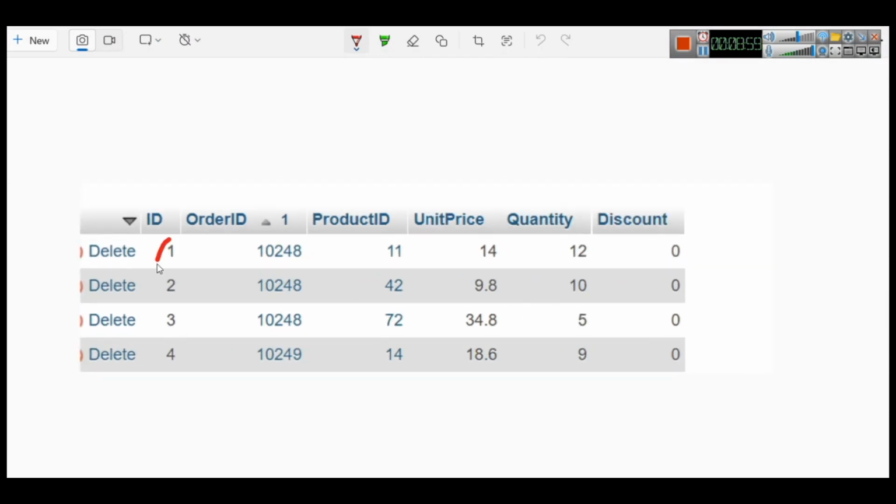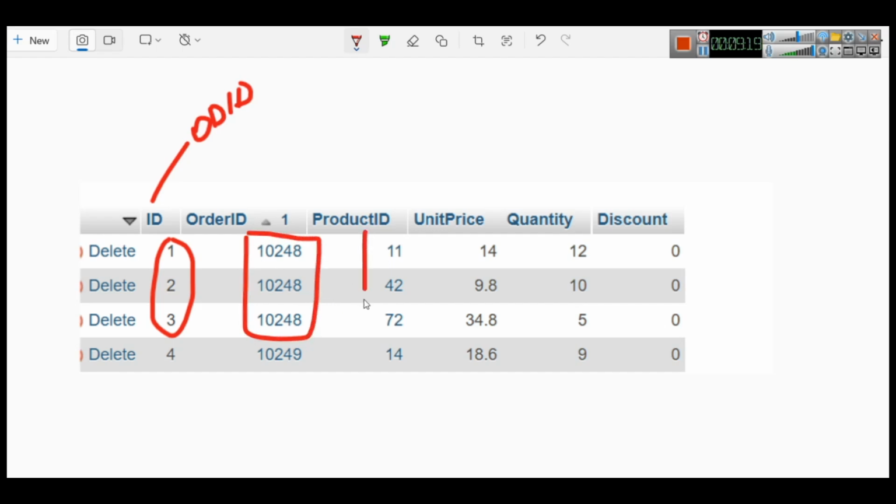So here is the order detail ID, ODID I will say. This is the primary key here, but this order ID belongs to another table. Like in order ID 10248, three different products were ordered.